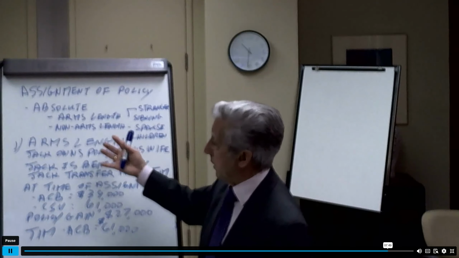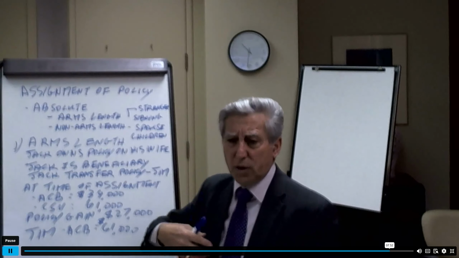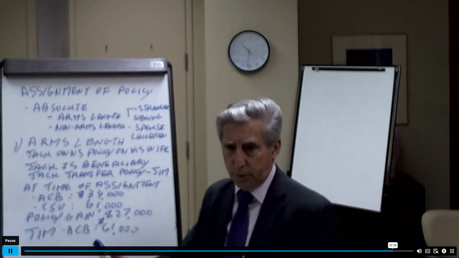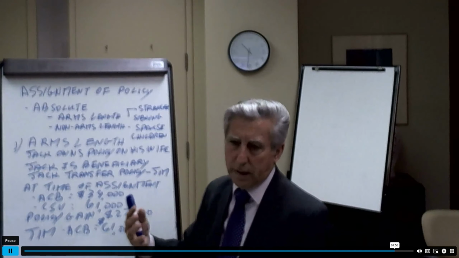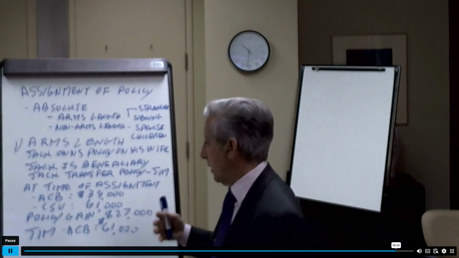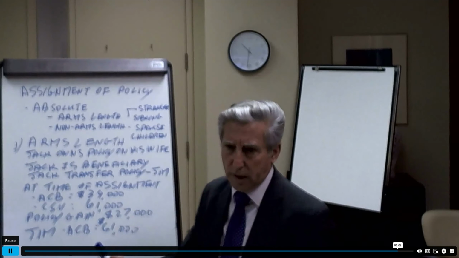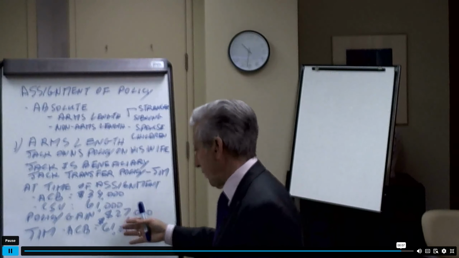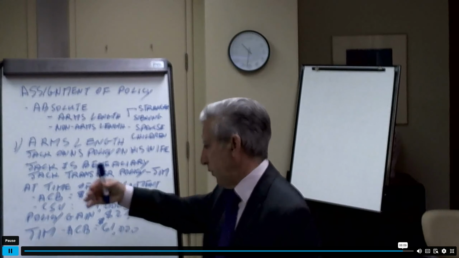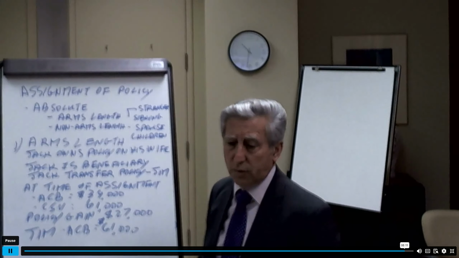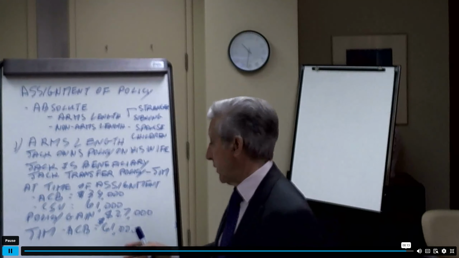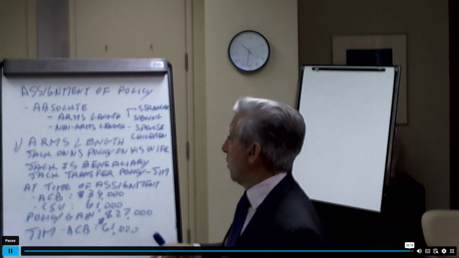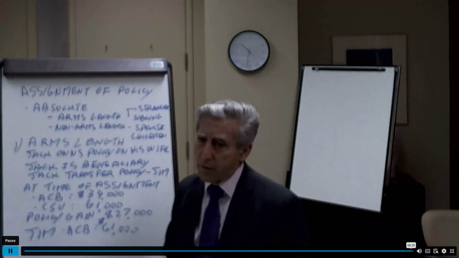So the moral of the story is that whether you transfer the policy while you're alive or upon death, there is a deemed disposition, and the tax implications are the exact same. Whether you're living or dying, there is a disposition, and taxes will have to be paid. And now the new owner acquires that policy at the new ACB. So all future growth down the line, when Jim finally does get rid of the policy himself, will be a gain. So the next thing we're going to look at is what we call non-arm's length transactions.